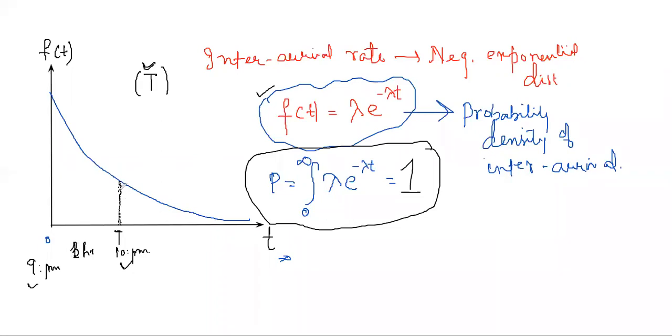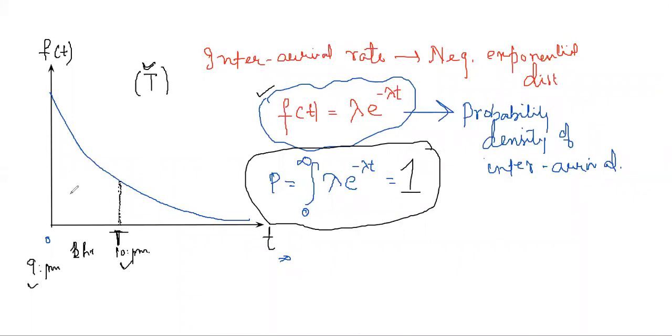Anyone wants to see what is the probability that a new customer will arrive in 1 hour? This is the time equal to 0, this is the time equal to 1 hour. Then what is the probability that the inter-arrival time will be 1 hour?